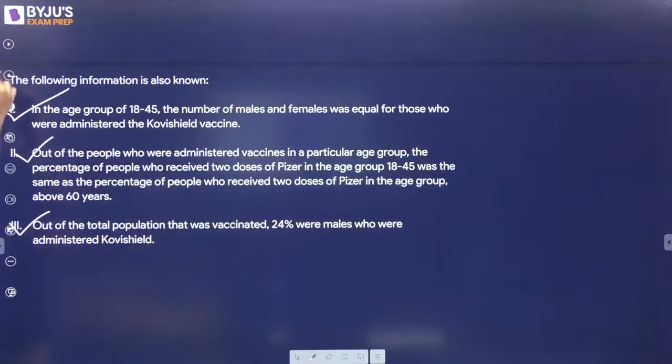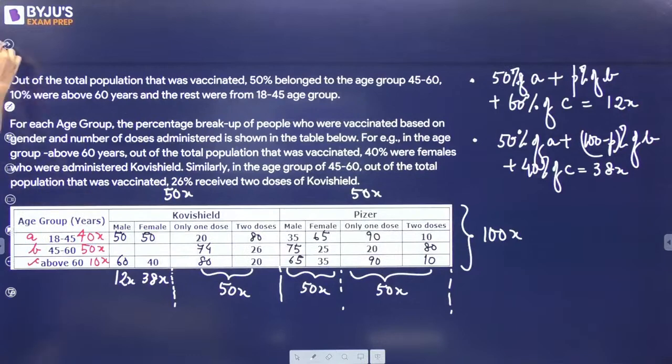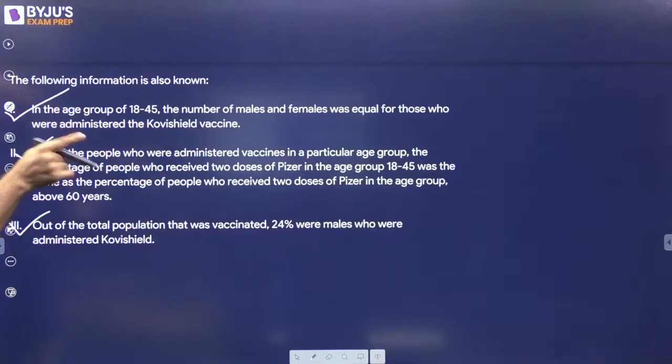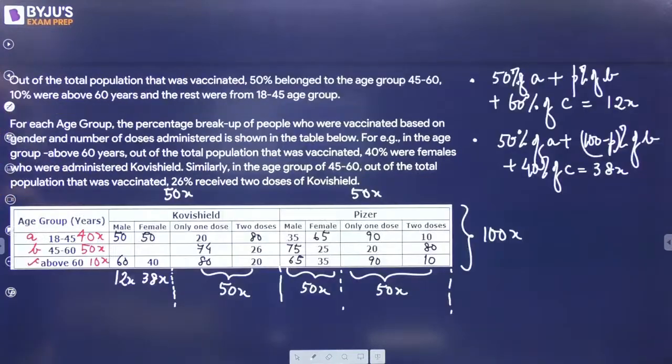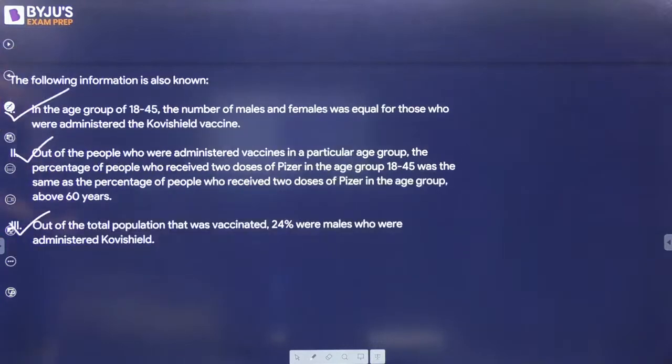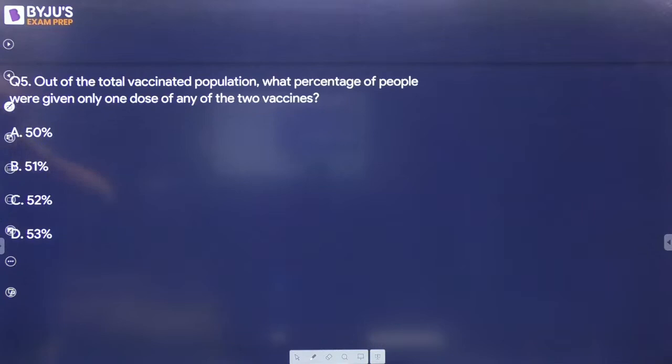In the age group of 18 to 45, the percentage of people was the same as the above 60. So 18 to 45 and above 60. Out of the total vaccinated population, what percentage of people were given only one dose of any of the two vaccines?